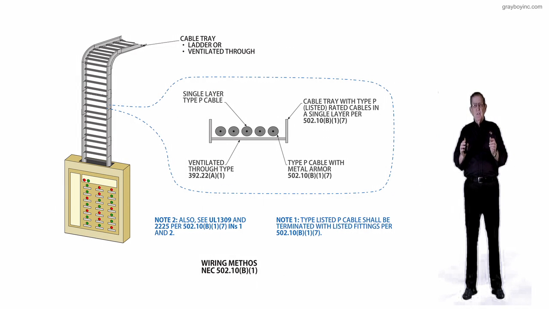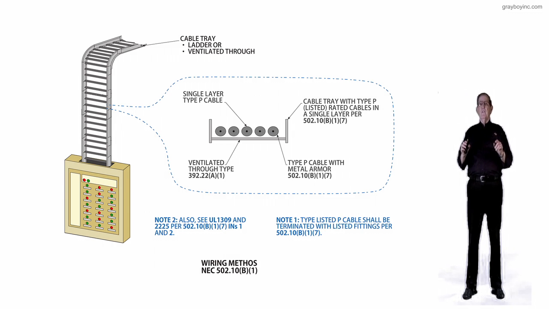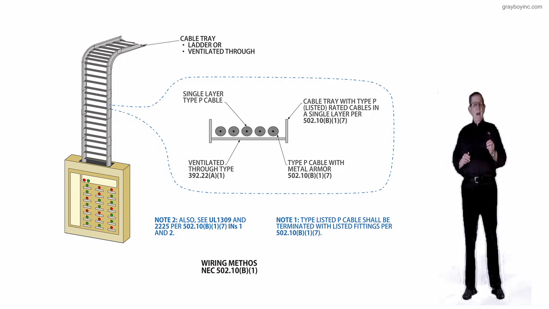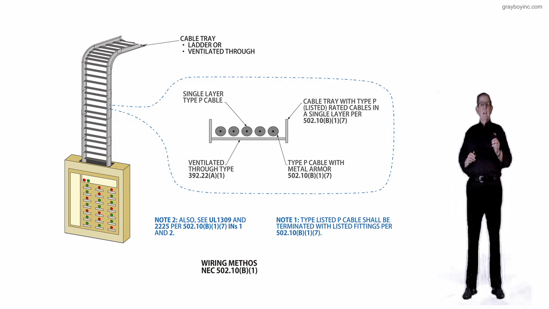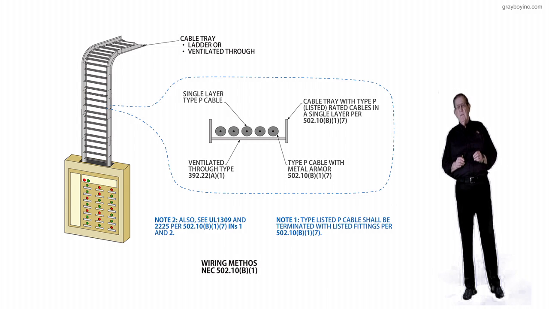This illustration deals with a Class 2 Division 1 location, and it contains the general requirements in line with 502.10(B)(1), Item 6. Now notice 501 was gas and vapor. Now we're in dust, 502.